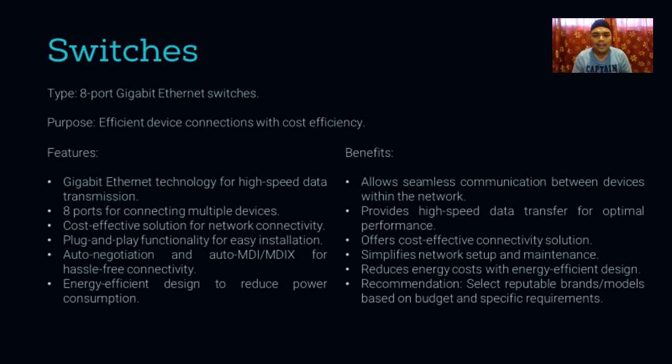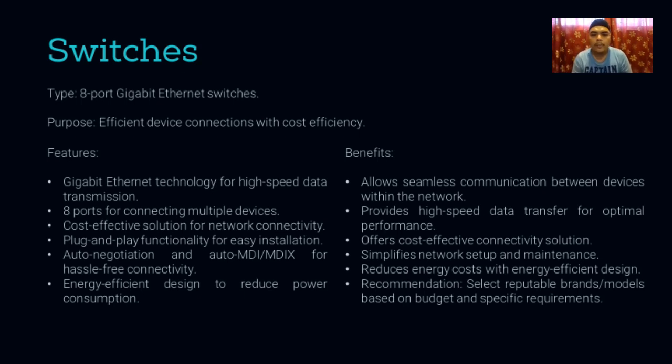To facilitate high-speed connectivity within the network, each office will be equipped with 8-port gigabit Ethernet switches. These switches offer ample ports to connect devices while maintaining cost efficiency. They provide gigabit Ethernet capabilities, ensuring fast data transfer and efficient communication between network devices.